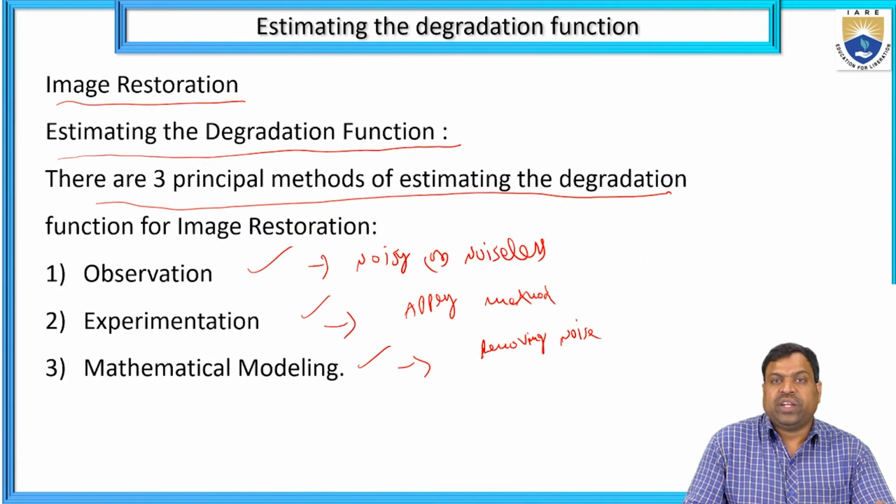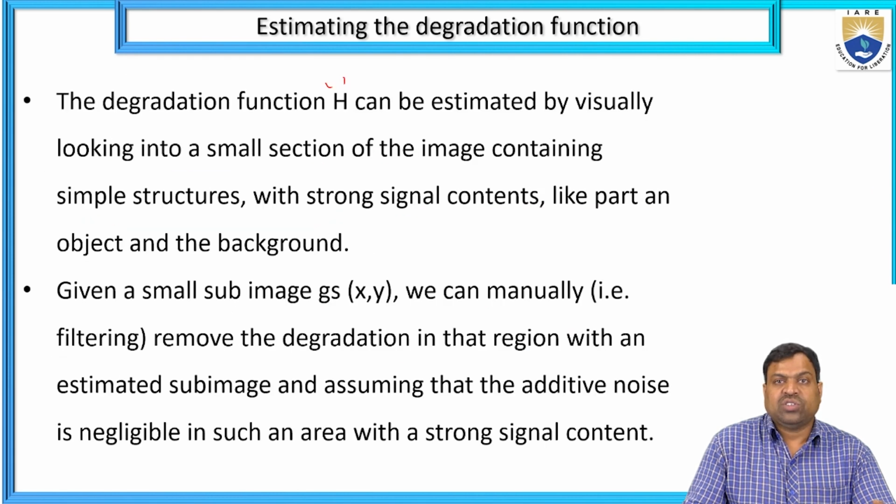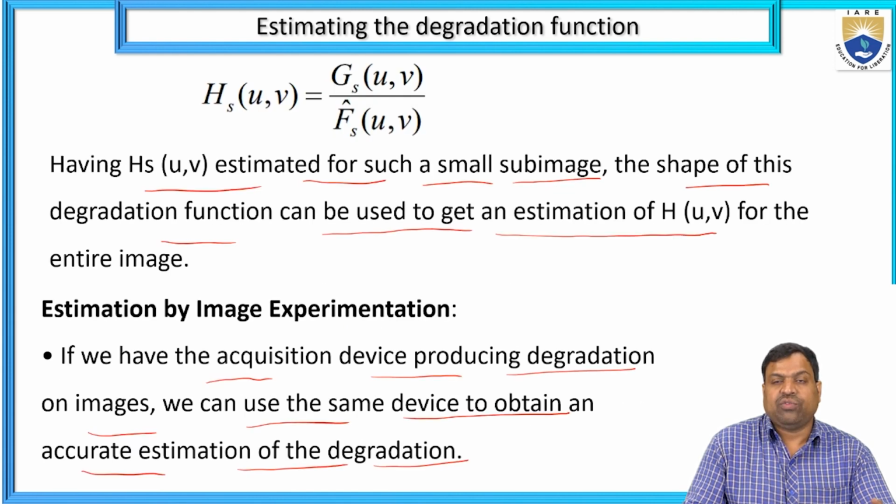So how are we estimating? What types are there? There are three types of estimating the degradation function: observation, experimentation, and mathematical modeling. So the degradation function H can be estimated with the function g of x comma y, and H of u comma v equals G of u comma v by F of u comma v.